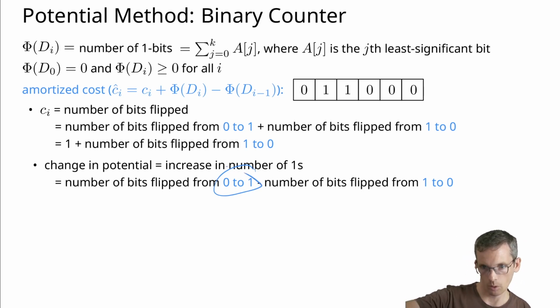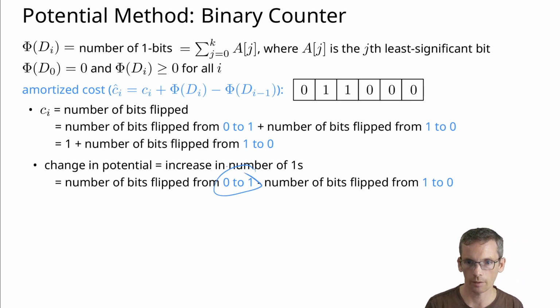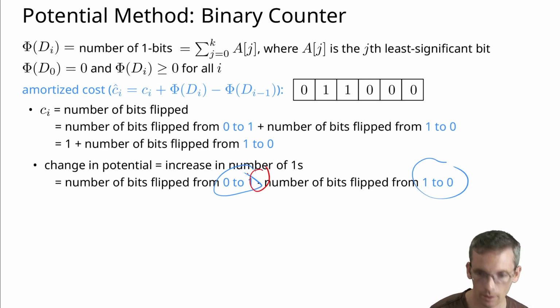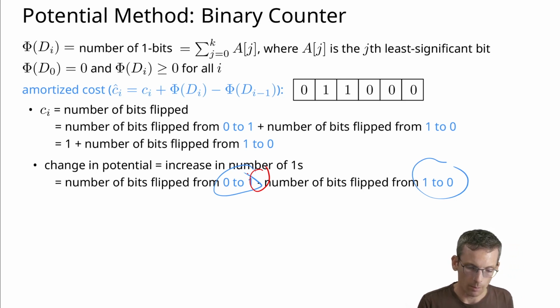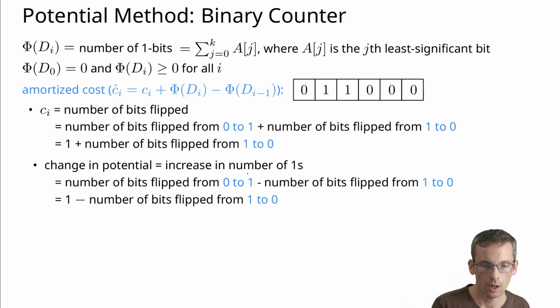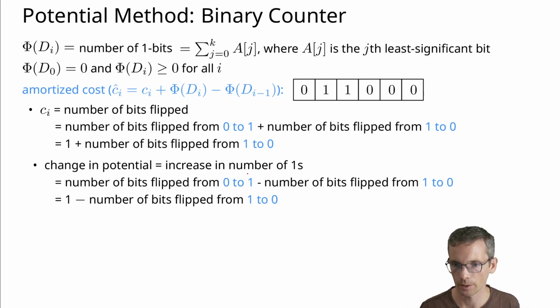Those go positive into the change in the potential. And then those that go from 1 to 0, because now these 1 bits are gone, those go negatively into the potential. Therefore, I have a minus sign here. Now again, I know number of bits flipped from 0 to 1, that is just 1. So this sum now looks like 1 minus number of bits flipped from 1 to 0.